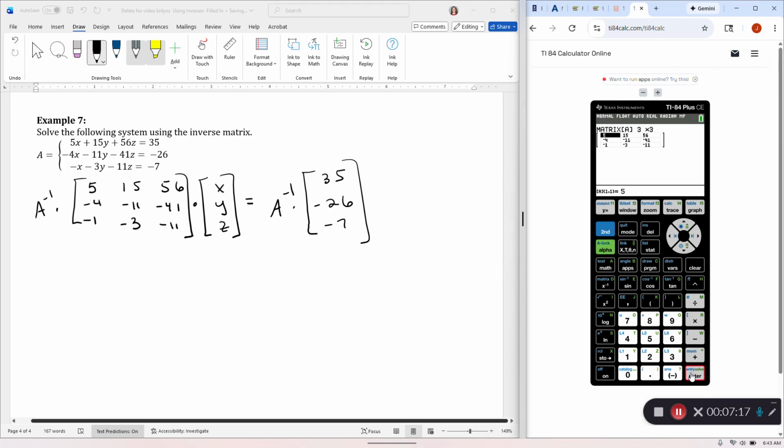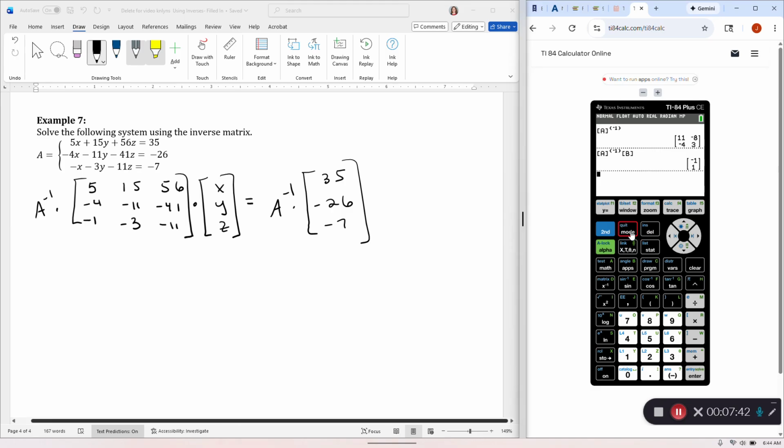Okay. I'm going to store another matrix. The second one is going to be the 3 by 1 here, which was 35, negative 26, and negative 7, like so. Okay.